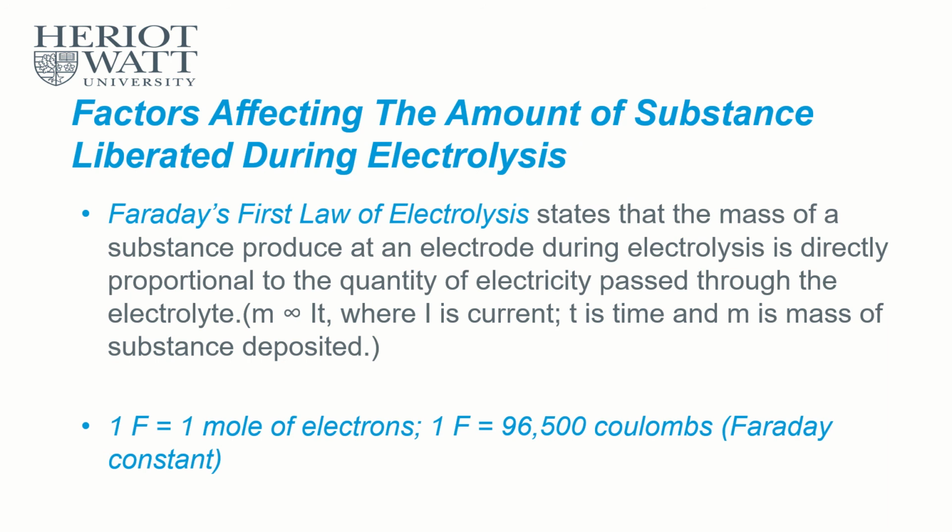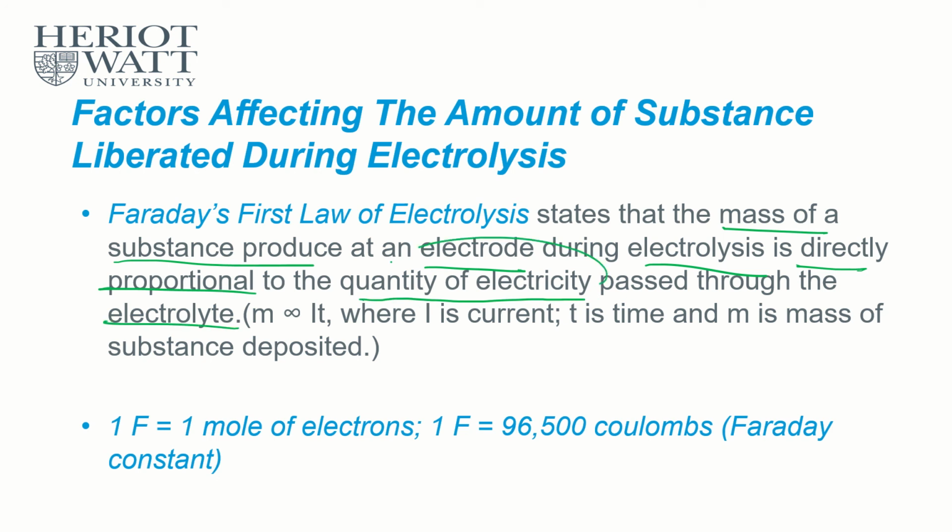Now, it is not unfamiliar to say Faraday's law. You learned that in physics, all right? It states that the mass of the substance produced at the electrode, be it a gas or solid, anode or cathode, during electrolysis is directly proportional to the quantity of electricity passed through the electrolytes.